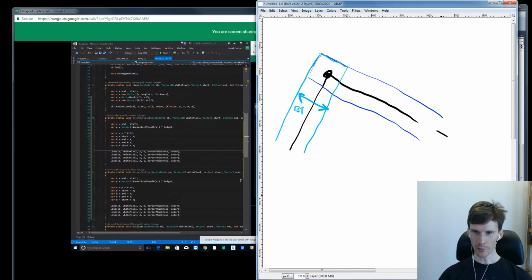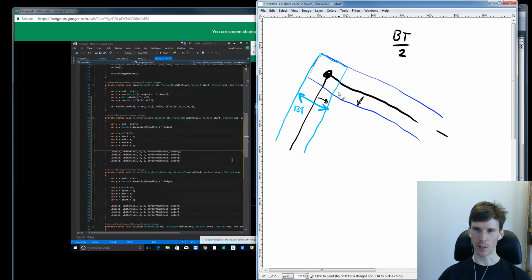So hopefully it should be fairly obvious that what we want to do is more or less the same thing, but move this in by border thickness divided by 2.